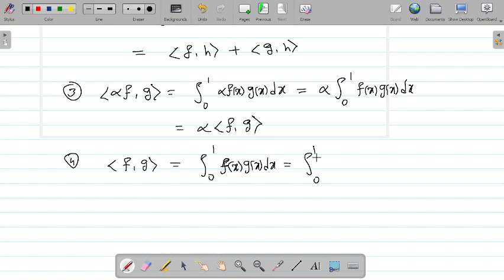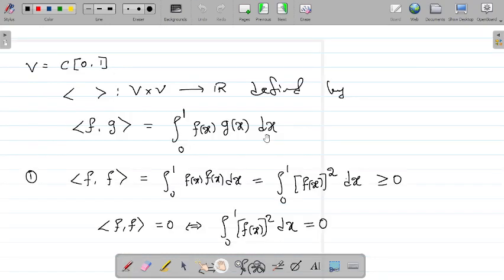That's it. Therefore, whatever mapping I define here, that is f comma g mapped to integral 0 to 1 f of x into g of x dx, satisfies all four properties of inner product. Therefore, I can say that this is an inner product. Okay, so it is clear that this clearly defines an inner product.